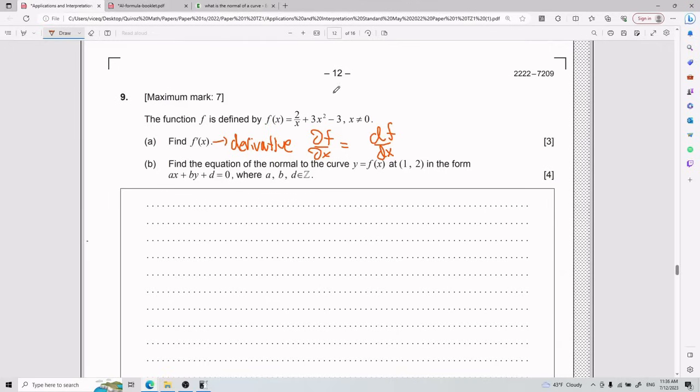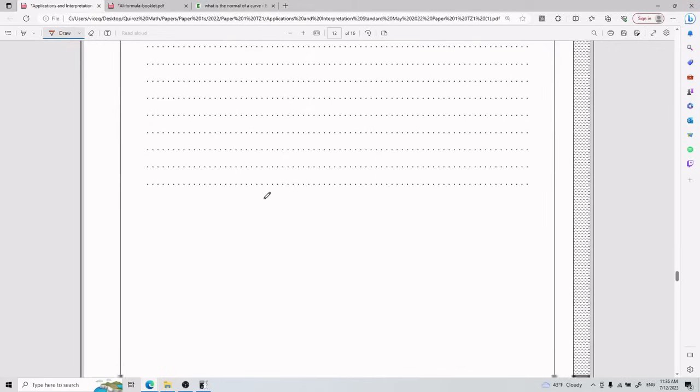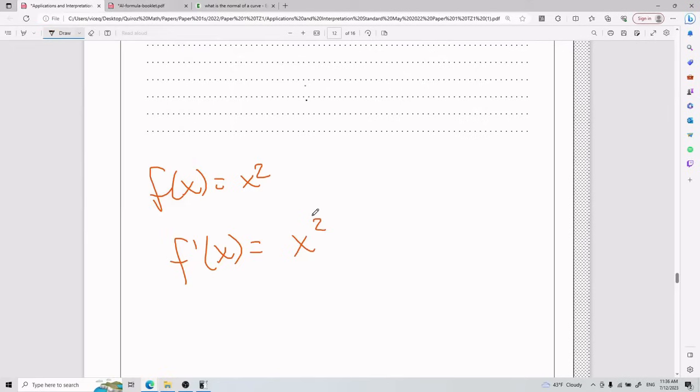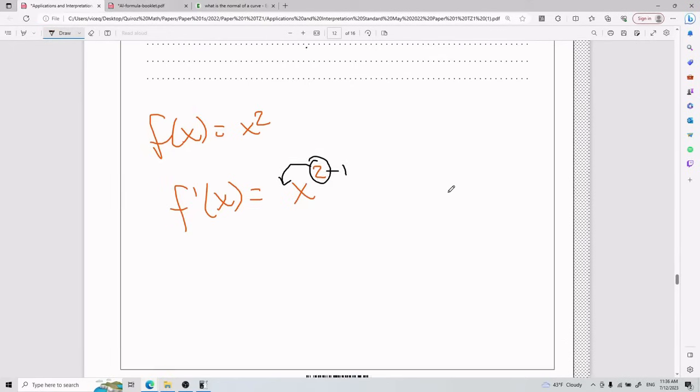As long as you understand the exponents one, you will be good to go. So let's go with the simplest example first before jumping into part A. If I have f of x equals x squared, the derivative of this is that you take the number up top, put it down in front, and do a minus 1.